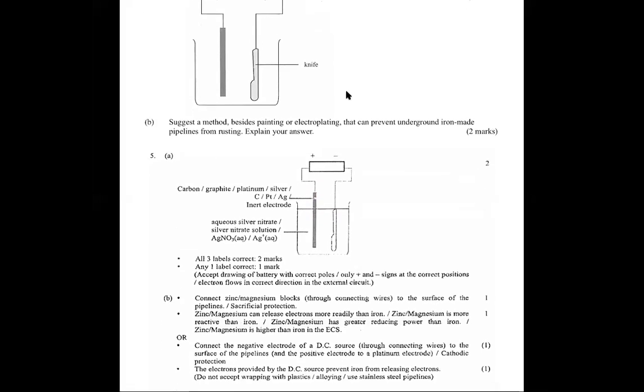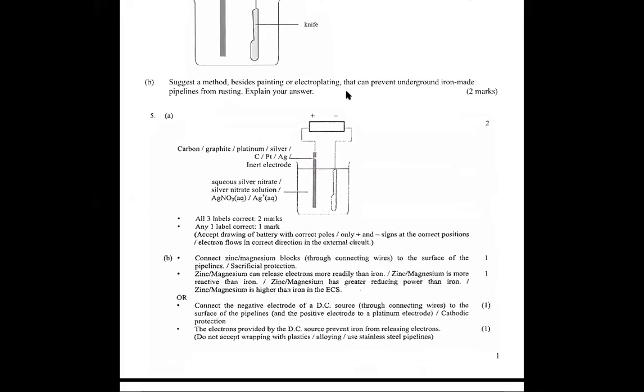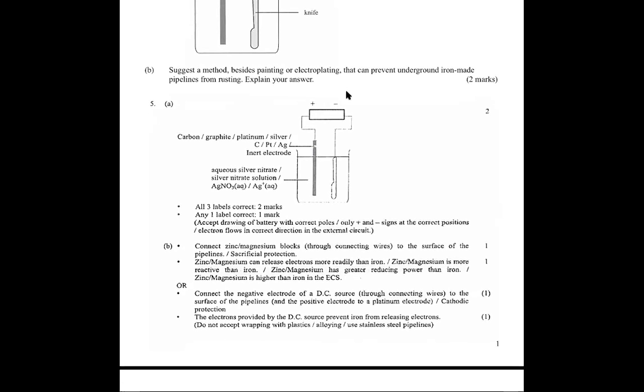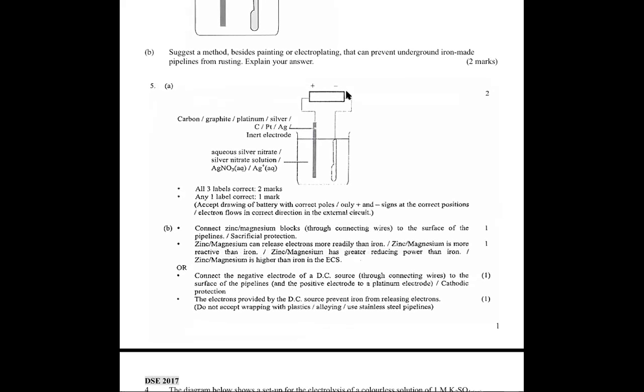That's for part A. And then for part B, suggest a method besides painting or electroplating that can prevent underground iron-made pipelines from rusting. Here it suggests 2 best ways to prevent underground pipes from rusting.